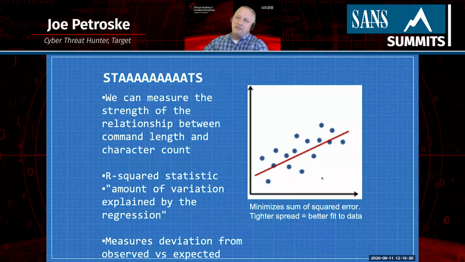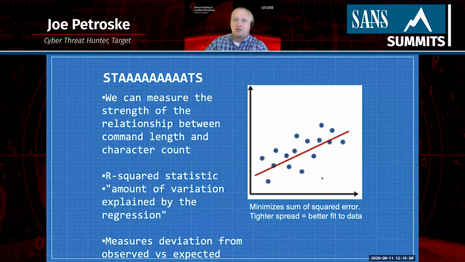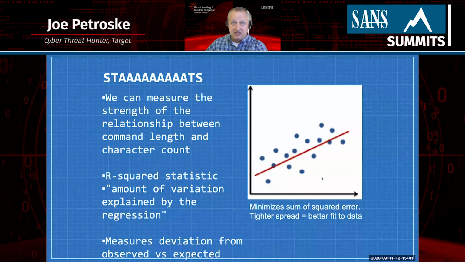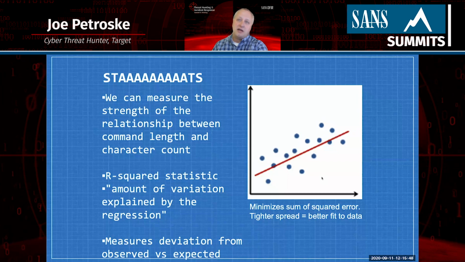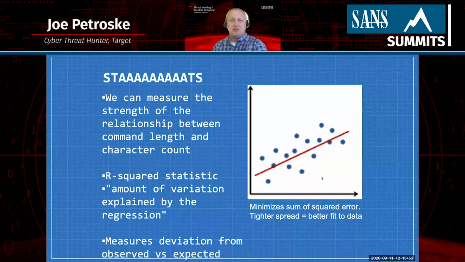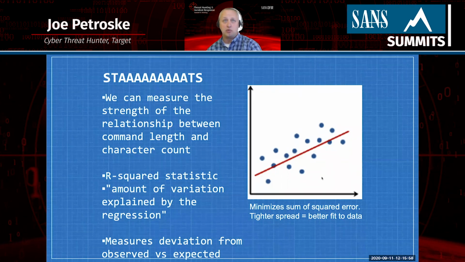So we need a quantitative way to figure out which of those is best. We can eyeball it, but we can actually quantify it and get some numbers. You can measure the strength of the relationship between your observed data and what you'd expect it to be. If we expect this data to be linear, then there is a line that most closely fits the observed data, and the process of finding that line is what we call linear regression.